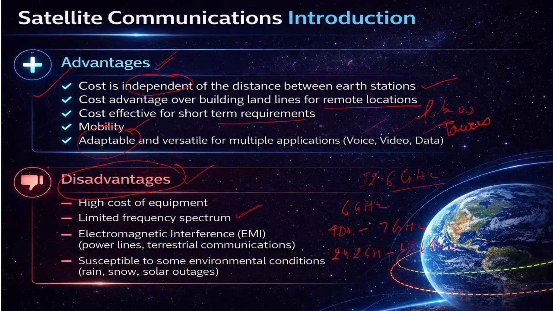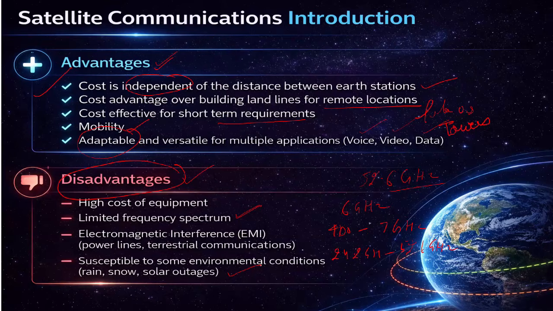electromagnetic interference. Satellite signals can be affected by power lines or other communication systems. One more very important limitation of NTN is environmental sensitivity. Rain, snow, or any kind of solar activity can degrade signal quality. This is often referred to as rain fade or atmospheric attenuation.